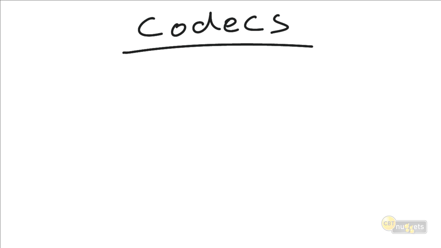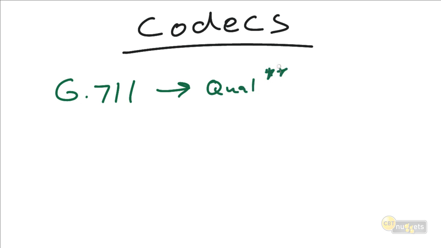Now remember earlier we talked about those codecs that we're going to need? The codec helps us when it comes to converting analog to digital and then digital back to analog. Your choice of codec for your customer is going to be hugely important. Let me give you two great examples. There is a standard codec we can use called G.711. G.711 is awesome quality. We give this 5 stars.